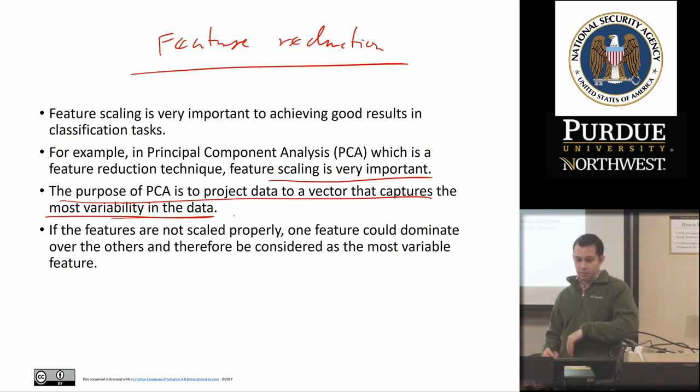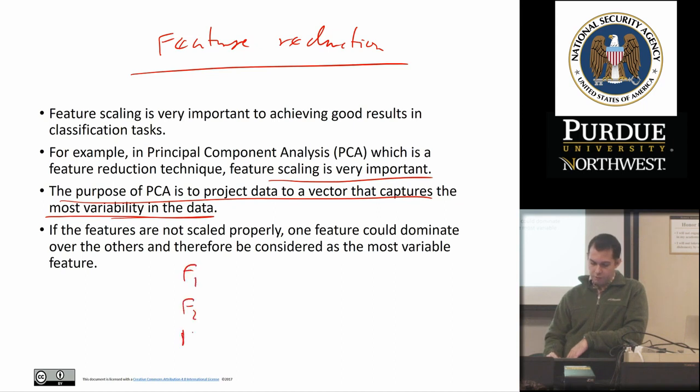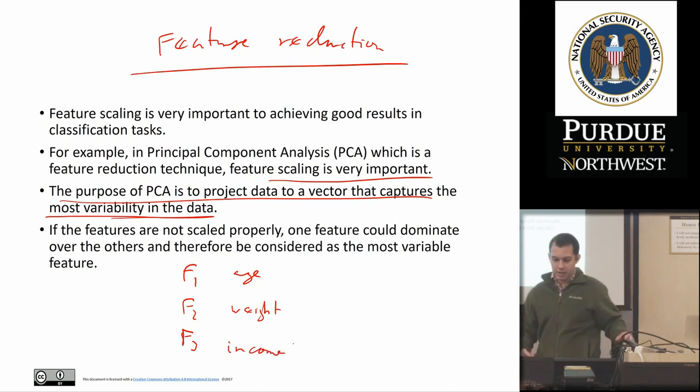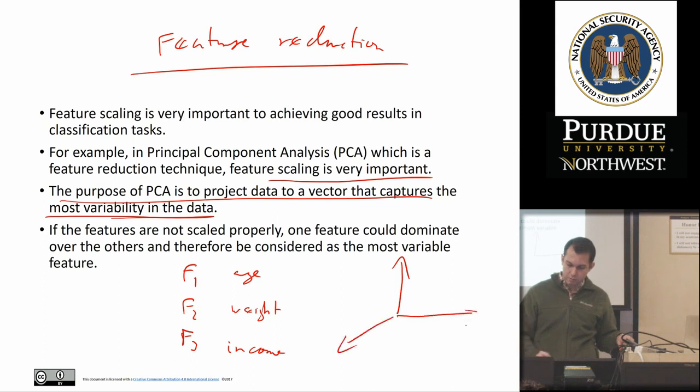So the classic example of feature scaling is, imagine that you have 3 data points, F1, F2, F3, right? So you have age, weight, and then income for a person. So think about it. If we plot this, it's a 3-dimensional vector space, right? Then we would say age goes from 0 to 100 probably.